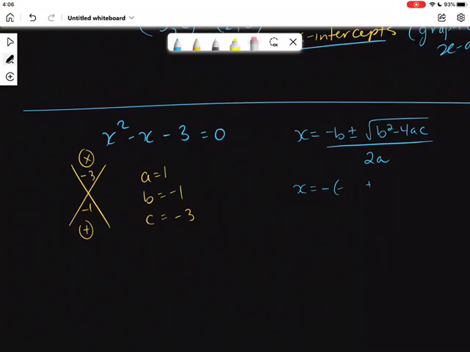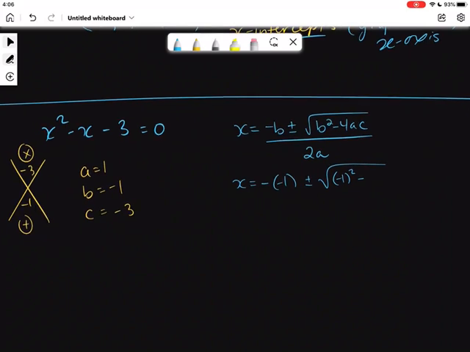And when I plug this into my quadratic formula, I end up getting x equals negative b. Or not b, sorry. I was going to replace b with the number negative 1, plus or minus the square root. Now I have negative 1 squared minus 4 times 1 times negative 3, over 2 times 1. So then x is going to equal positive 1, because these negatives end up canceling each other out, right?